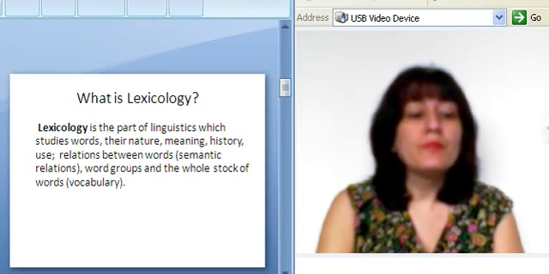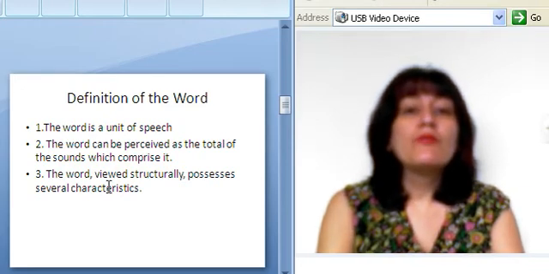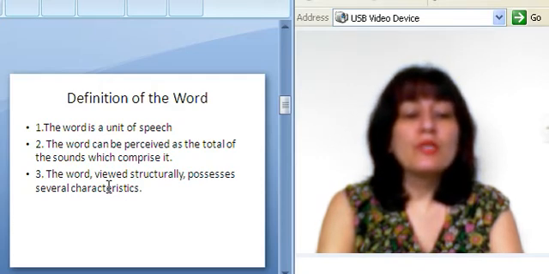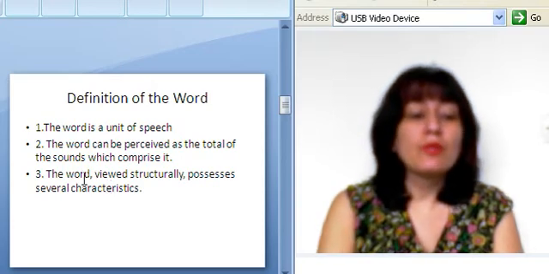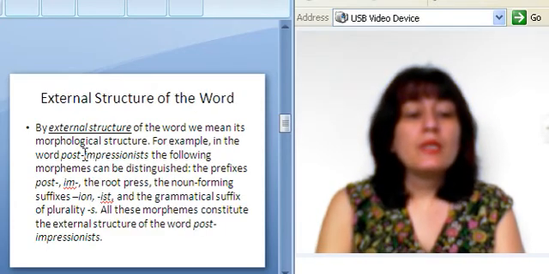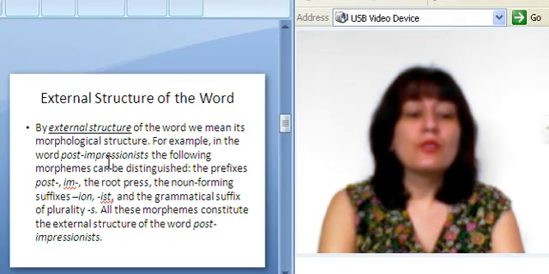And then we tried to define the word as a linguistic phenomenon. And we said that the word is a unit of speech. The word can be perceived as the total of the sounds which comprise it. And the word, viewed structurally, possesses several characteristics: it has external structure and it has internal structure. By external structure of the word, we mean its morphological structure.